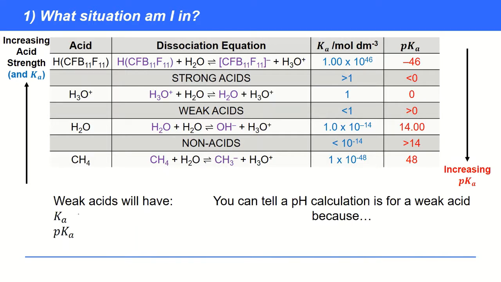So if we look up the Ka and it's less than 1, or we look at the pKa and it's bigger than 0, we're in a weak acid situation. And you can tell a pH calculation is for a weak acid in the context of exams because the Ka or pKa will be given.